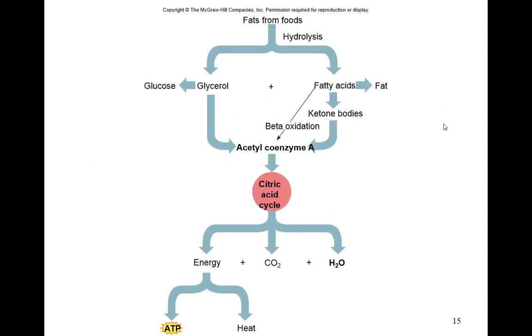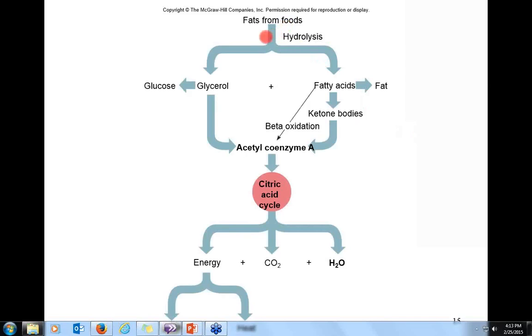What this is showing is what happens to fats. We have our friend, the term hydrolysis, meaning using water to break it down. The glycerol is converted into glucose, and of course that is the main component in cellular respiration. Glycerol can be converted into acetyl coenzyme A, which is a component in the citric acid cycle.